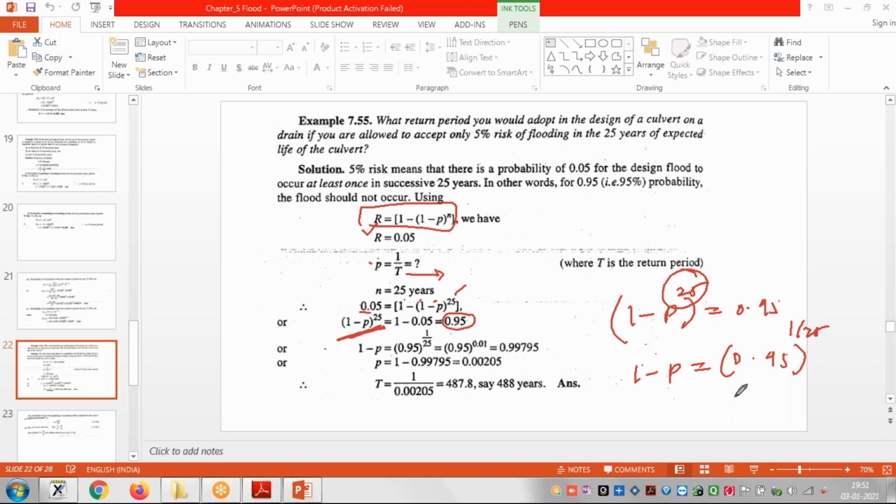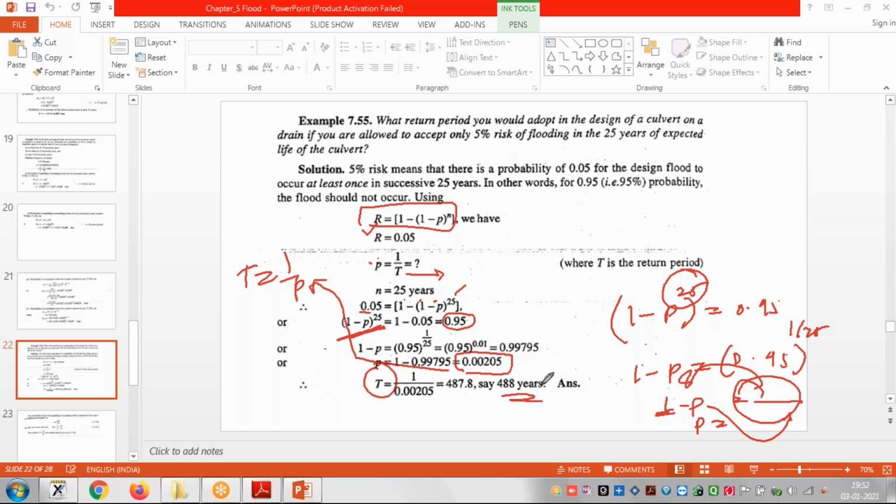Now once I calculate this value, then I know what 1 minus P is. Then P will be equal to whatever value we get here, and this P value will go here. So we will get the value of P as 0.00205, and we know that T is equal to 1 upon P. So I will put this P value here, and I will get the T value.